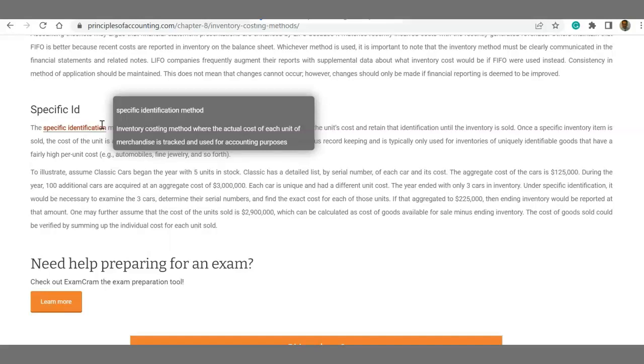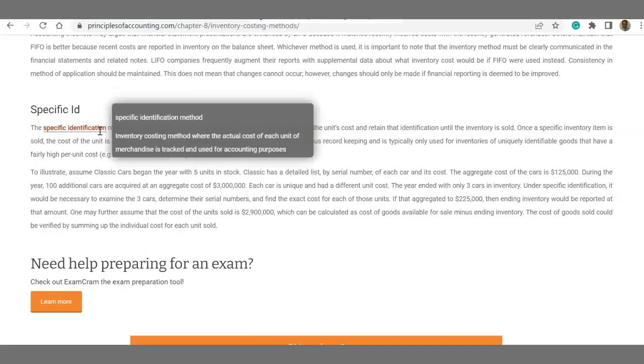And at that point, based on that VIN number, exactly they know what car they are selling, exactly they know what is the invoice for that specific car, and they can exactly tell you how much profit they are making for that one specific car that they are selling.